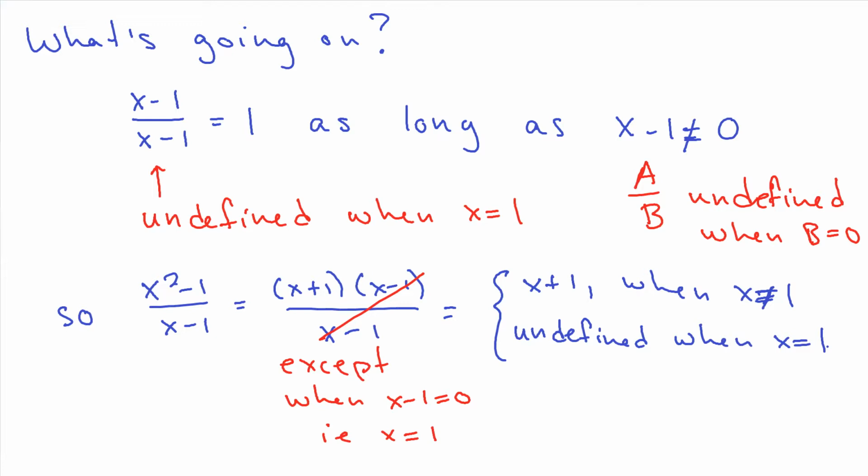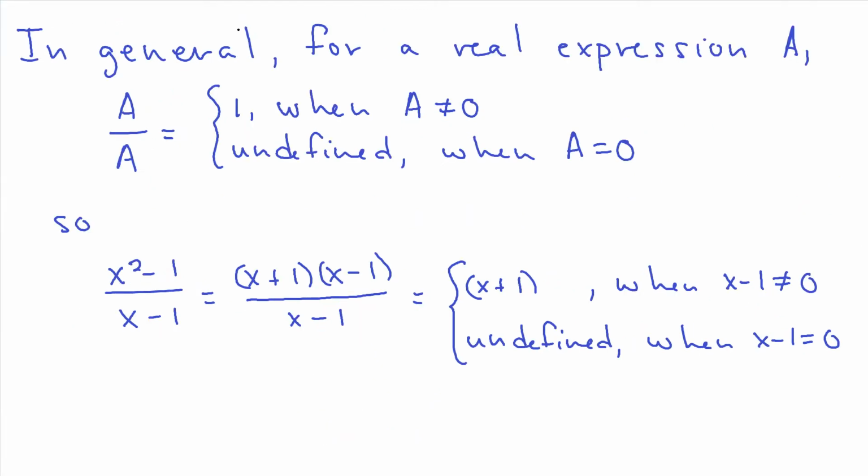Okay, so in general, for any real expression a, if you have a divided by a, you can cancel and you get 1 as long as that expression is not equal to 0. But anytime that expression is equal to 0, you cannot cancel.